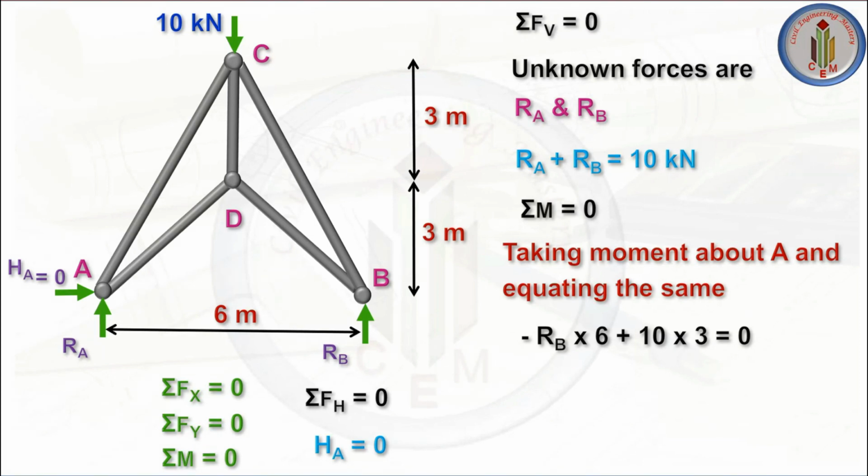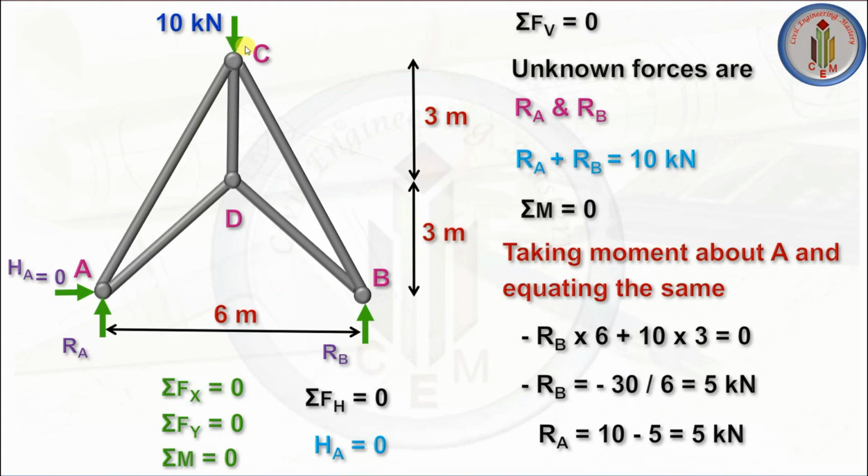Clockwise is positive, anti-clockwise is negative. Similarly, upward direction is positive and downward direction is negative. Here RB is anti-clockwise, so minus RB multiplied by 6 plus 10 multiplied by 3 is equal to 0. By solving this, we get RB is 5 kilonewton. As I told you, half of the load will go to each joint, so RA is 5 kilonewton and RB is 5 kilonewton.